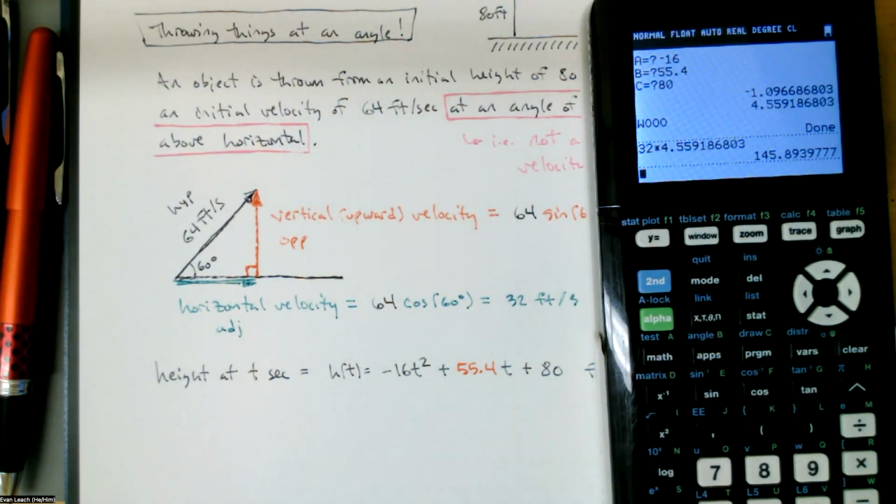So it will fly 32 feet per second forward, but only for 4.55 seconds. So it has a range of 145.9 feet. We can figure out its maximum height, when it lands on the ground, and how far it will go forward, since we have some horizontal velocity now. Before, our velocity was all vertical.